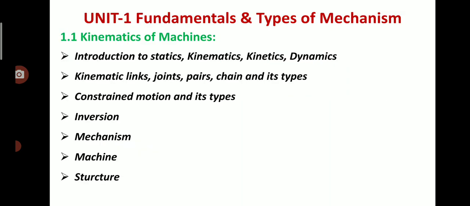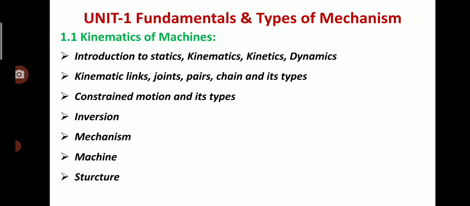Now in this particular lecture we will focus on point number 1.1, kinematics of machines, and the name of the unit number 1 is fundamentals and types of mechanism. In topic number 1.1 you will learn introduction to statics, kinematics, kinetics and dynamics.